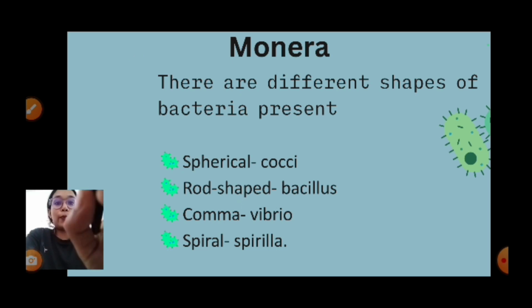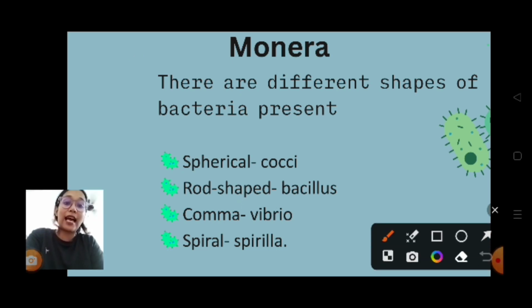These bacteria have different shapes, and based on the shapes we have named them. They have been categorized into 4 categories. The first shape is spherical, known as cocci. Then you have rod-shaped bacillus.